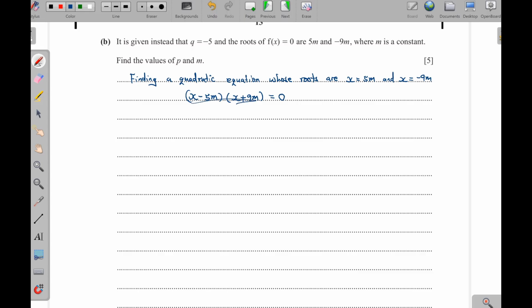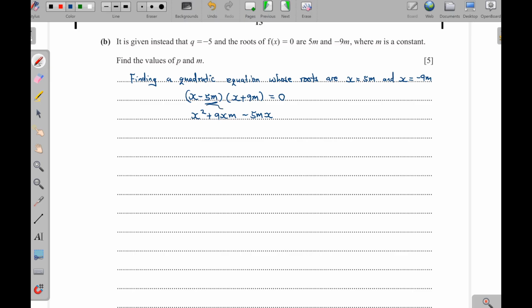So if we have that, now we can open the brackets. Remember before you come to these two, you have this factor, then you equate it to 0 to come to that, and also this one to that. Now, open the brackets. We shall have x squared, then plus 9xm, then minus 5mx.